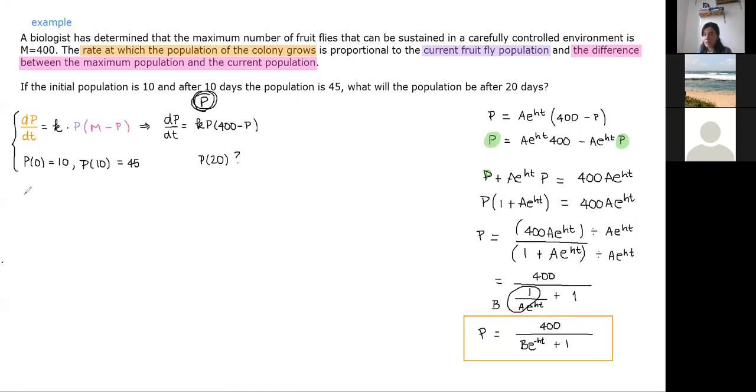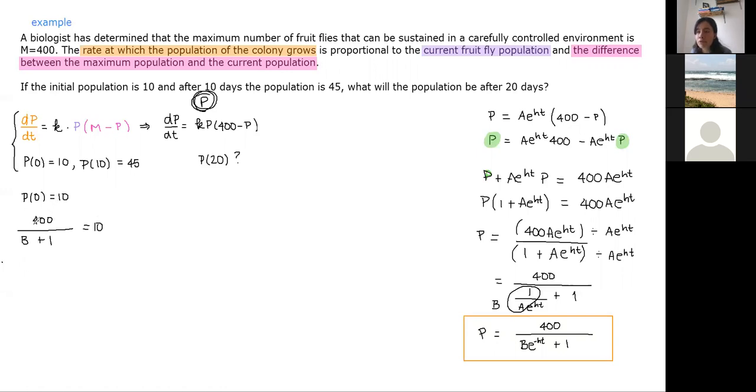So the first thing is that p of 0 is equal to 10. Which means that if I plug 0 into this expression, I should get the number 10, right? So that means that 400 divided by b times e to the 0, which is just 1, plus 1, is equal to 10.